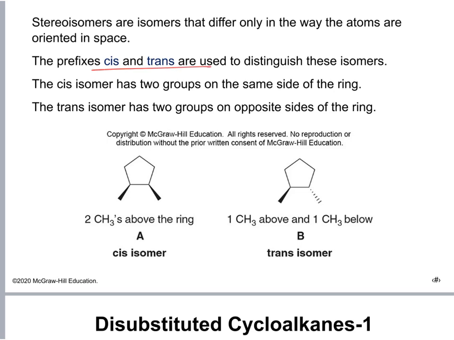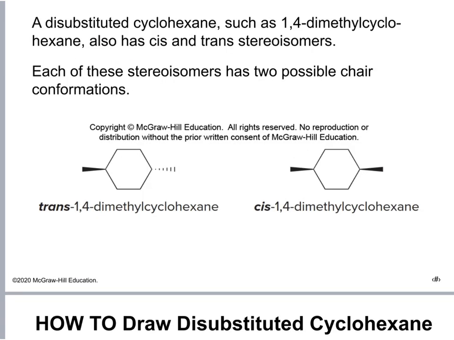Now, going forward, when you have disubstituted cycloalkanes, you need to, when you're doing this in two dimensions, you'll see the next slide. This is a two-dimensional drawing. I expect on your POGL to do 2D and conformations of chairs because I want you to be able to do both and back and forth.